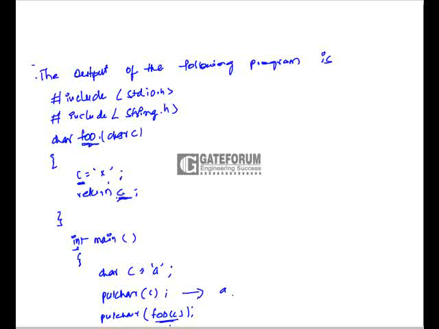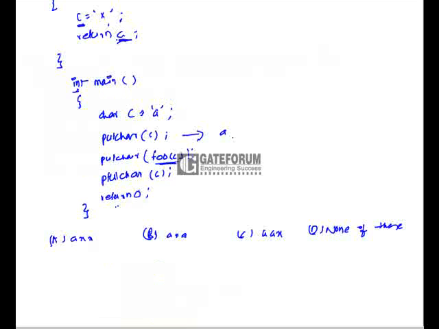So X is returned by this function. So this is nothing but putchar X. That means X is displayed.